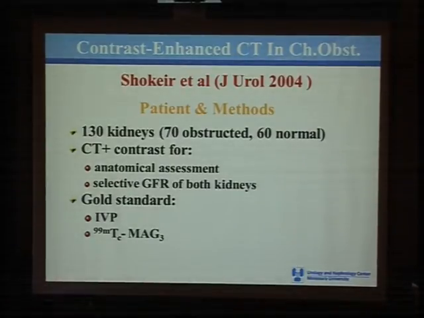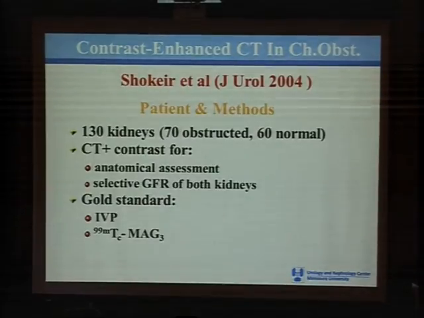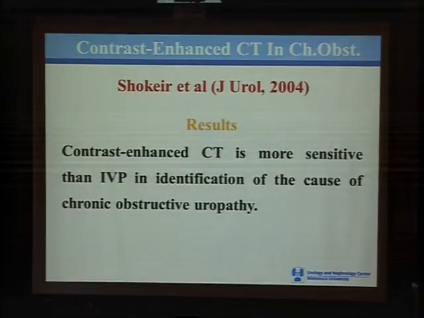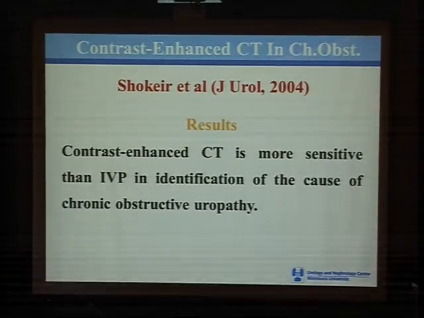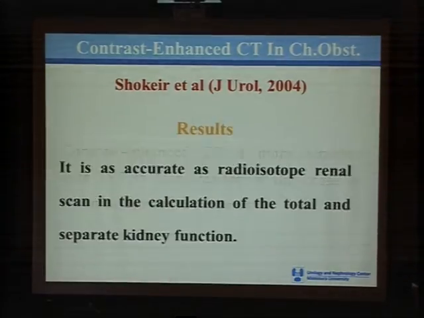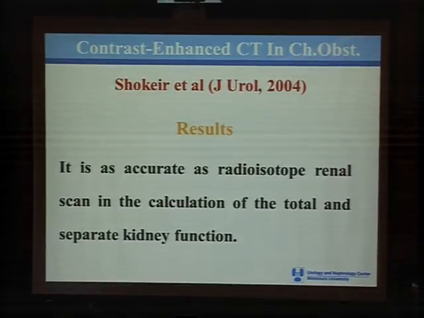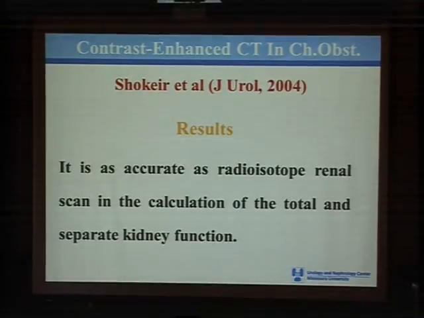And we compared this to the gold standard of IVP and radioisotope renography, and we concluded that contrast CT is more sensitive than IVP in diagnosis of the cause of chronic obstructive uropathy, and also it is as accurate as radioisotope renal scan in the calculation of total and selective renal function.